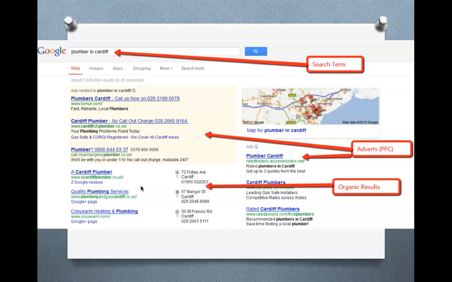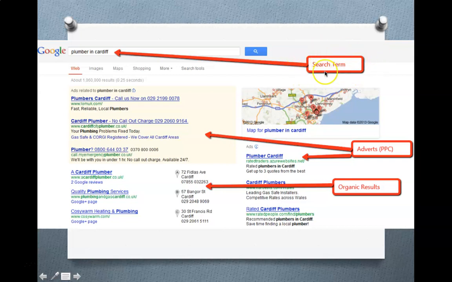Anecdotal evidence, probably backed up by actual evidence, would show you that people don't tend to go on to page two too often when searching for a search term, keyword or key phrase.